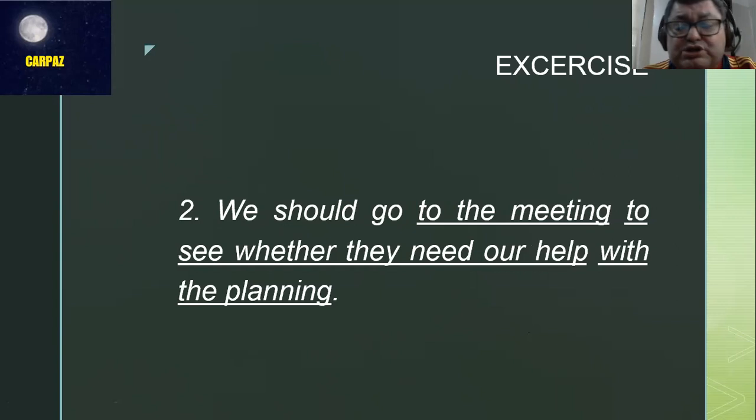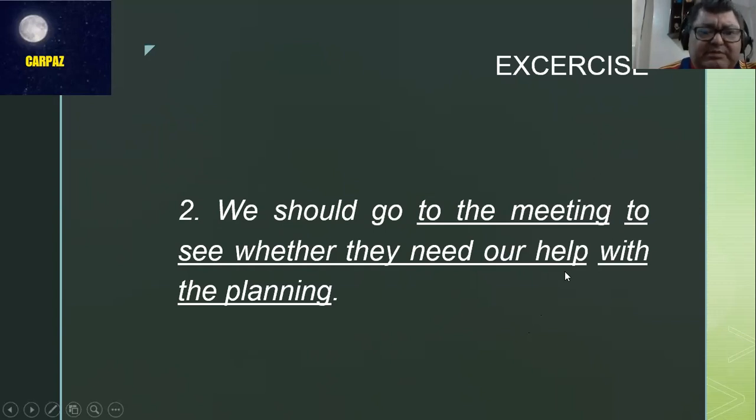Second one: "We should go to the meeting to see whether they need our help with the planning." Here we have three phrases. The first one, to the meeting. Since it begins with the preposition to, we know that it's a prepositional phrase. The second one, to see whether they need our help.